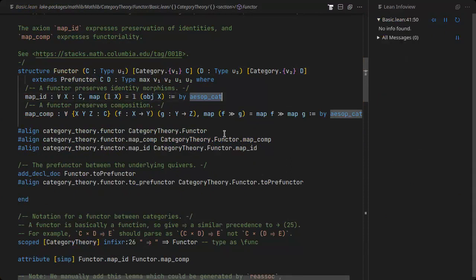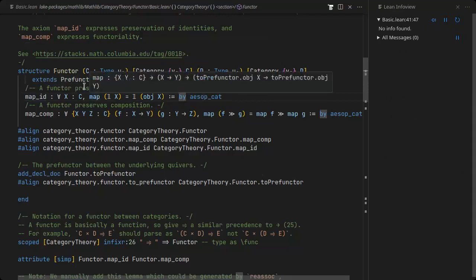And aesop_cat is a modification or a configuration of aesop which is made to be tailored to solve small trivial goals in category theory. And so the fact that a certain functor preserves the identity and the fact that it preserves composition is always tried to be solved automatically by aesop.